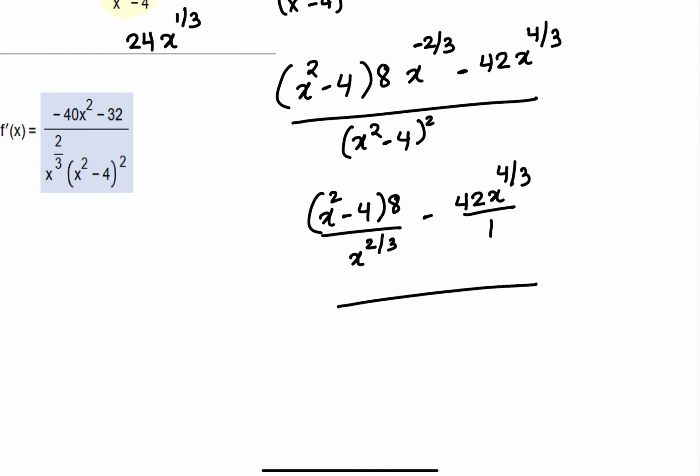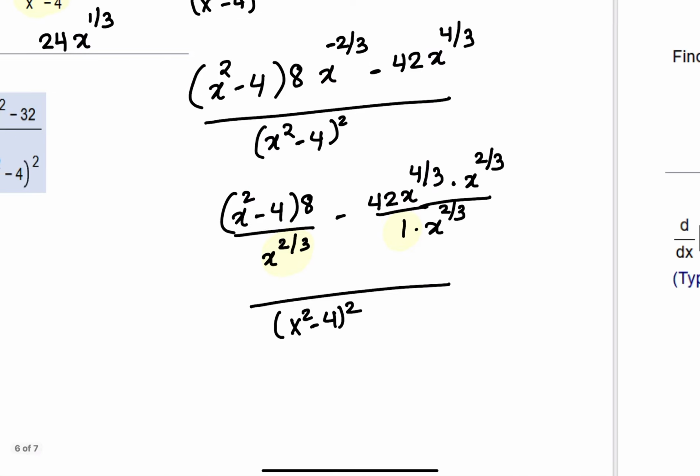And the whole thing divided by, don't forget the denominator, keep bringing it down. I know it's annoying, but you have to. And now when I have to subtract, I have to find the common denominator. So times x to the power 2/3 on the bottom, times x to the power 2/3 on the top. And now see the magic.